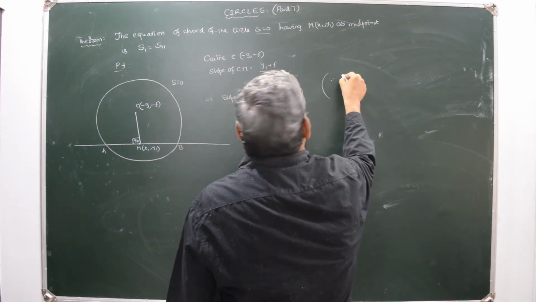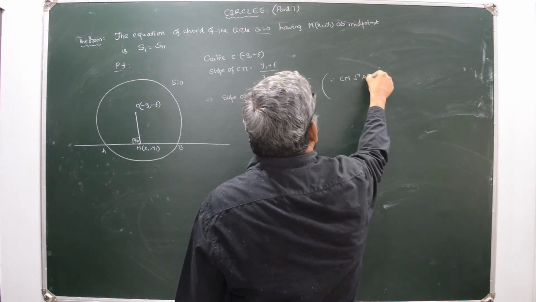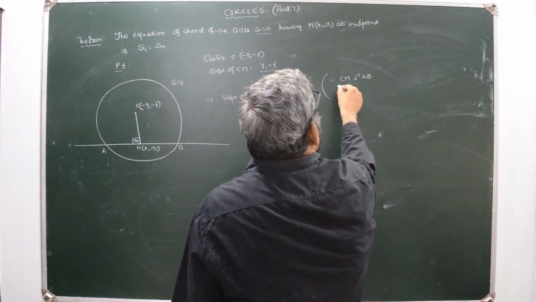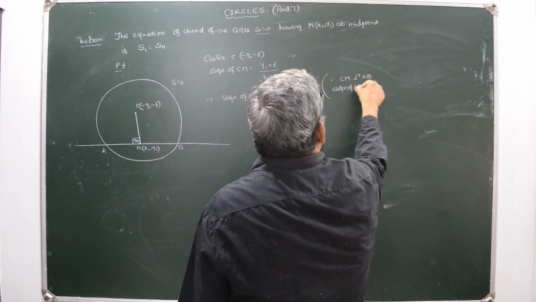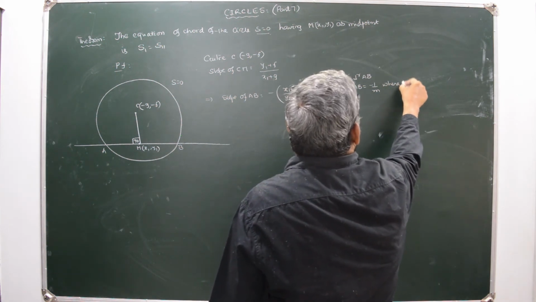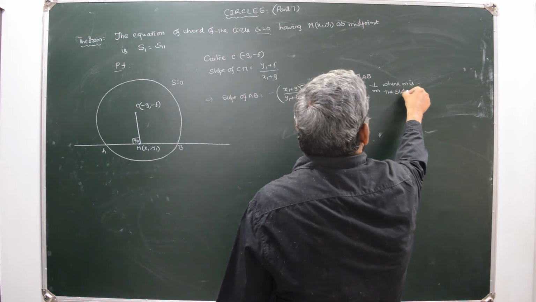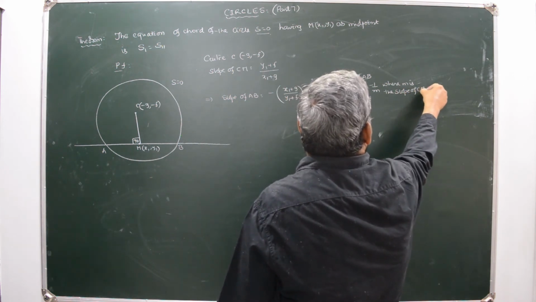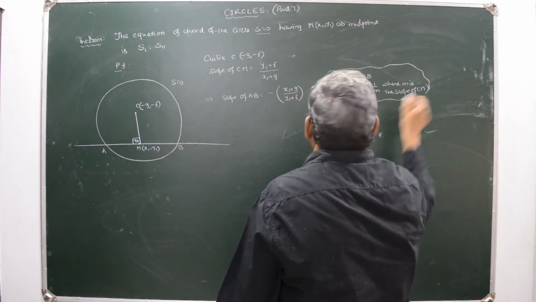Since CM is perpendicular to AB, slope of AB is equal to minus 1 by m, where m is the slope of CM. So this is one formula for the slope of AB.